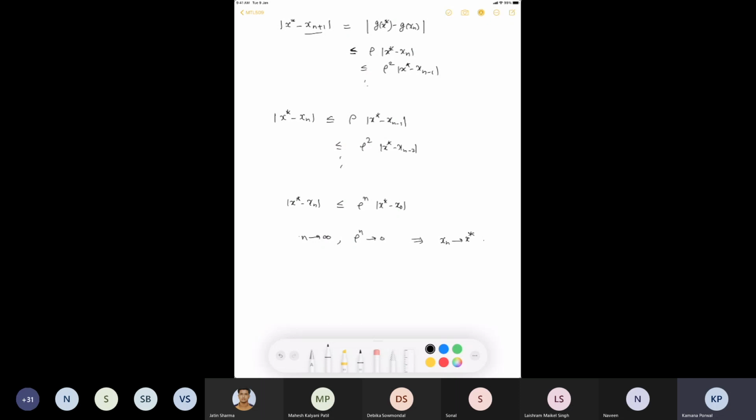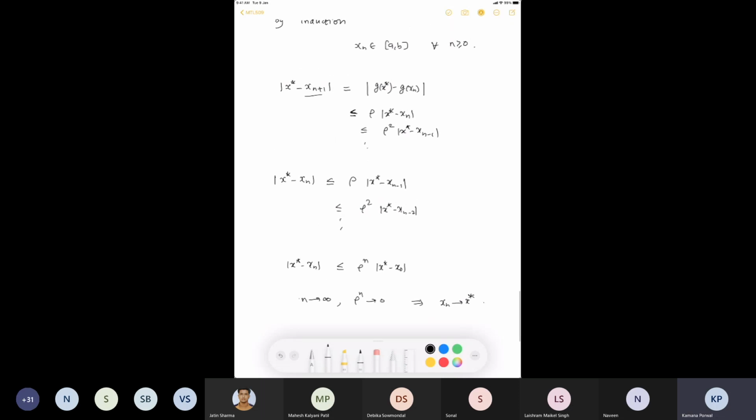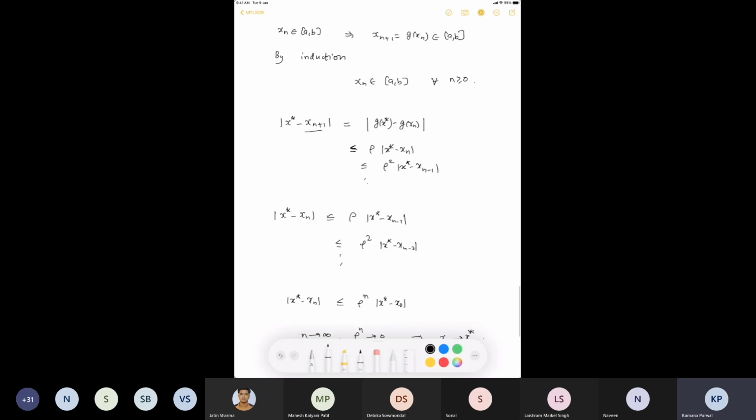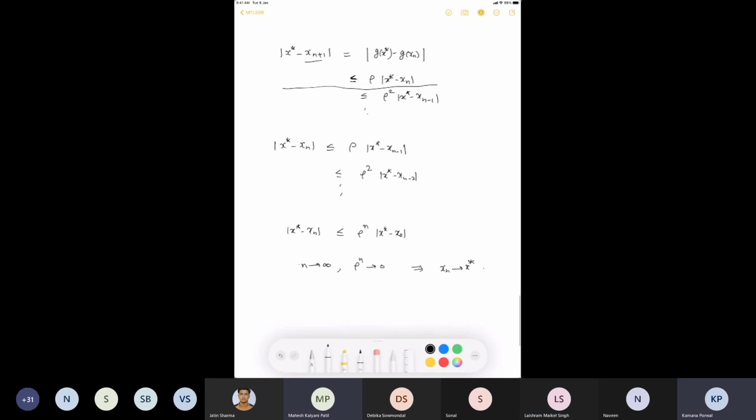And what is going to be the order of convergence here? Can you say something using this argument? Linearly. So it's a linear convergence here, right? Because we have taken rho strictly less than 1.